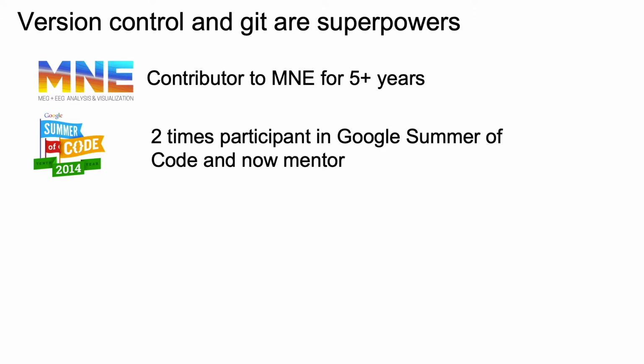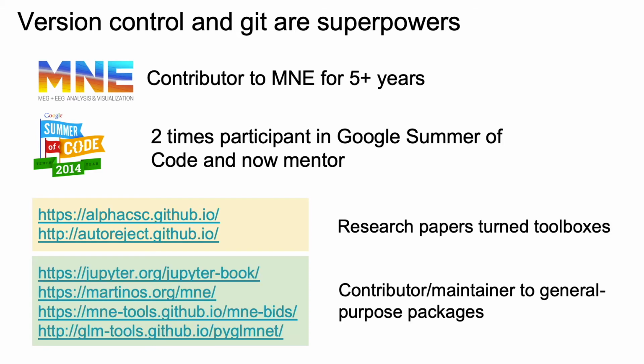I participated in the Google Summer of Code. But also, when you code socially, with other people, you get feedback on your code, and you learn much faster. This is something I have tried to tell many other people, that you learn programming faster when you learn it with other people. So if you're just starting on the journey, I think learning Git is a very good investment of your time.